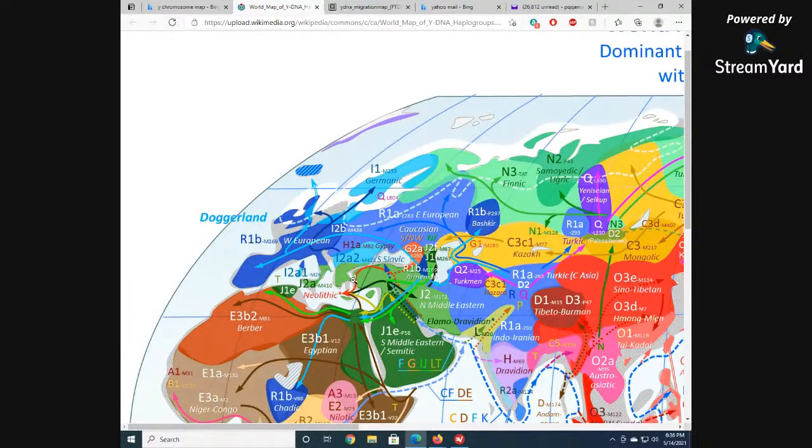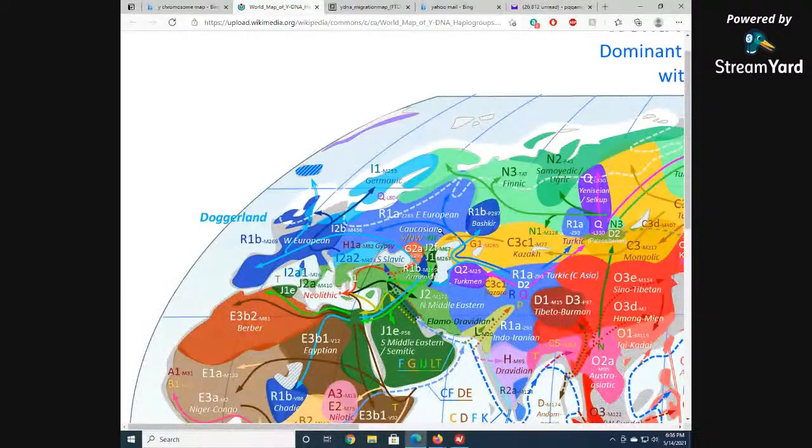In some places in Southern Europe, the mitochondrial maternal line would be maybe 3 or 4% L, which is from Africa, and maybe 1 or 2% Asiatic maternal lineage, which would be M. Basically, M is the only Asiatic maternal lineage there is in Europe, until you get up in these areas here, where there's some more.